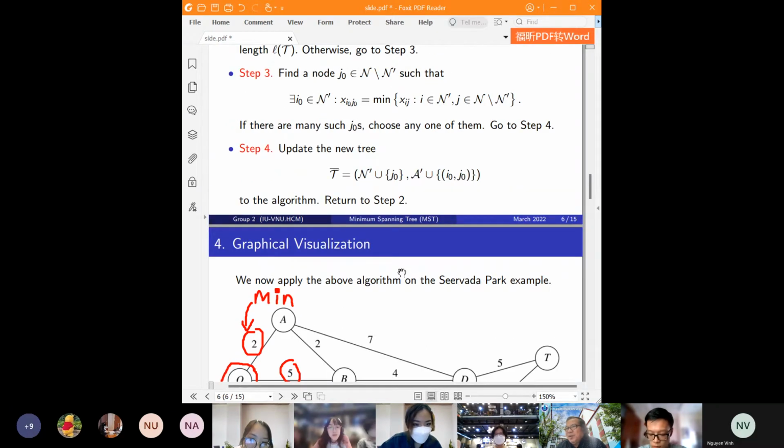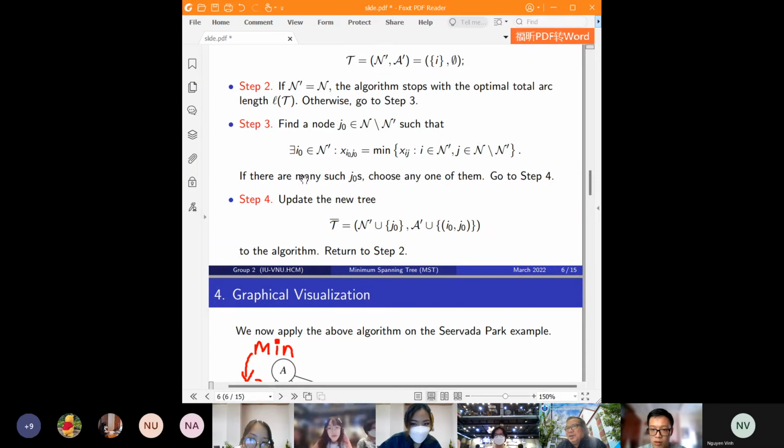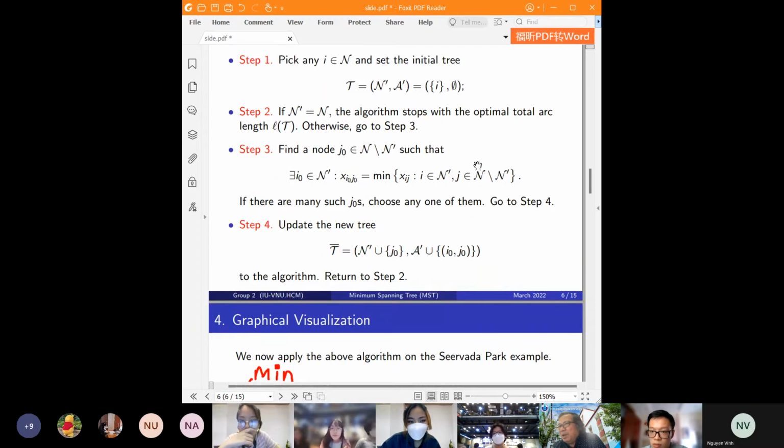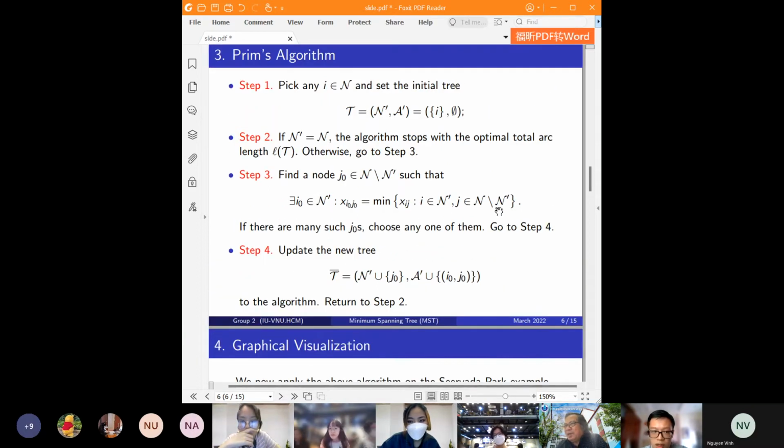It's not quite right. So I should include that it means that we only consider the nodes which have direct connection. Now you have to include here something like Xij with I belonging to N prime, J belonging to this, so that Ij belongs to A. Yeah.